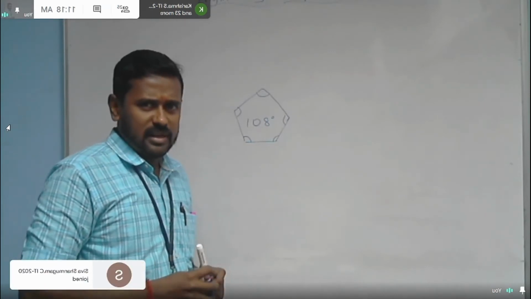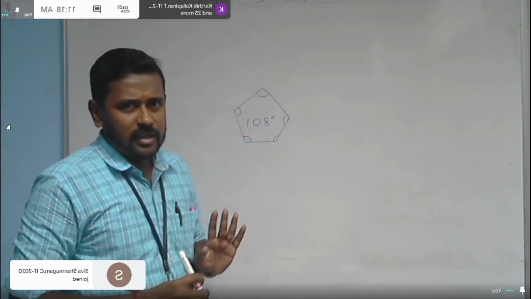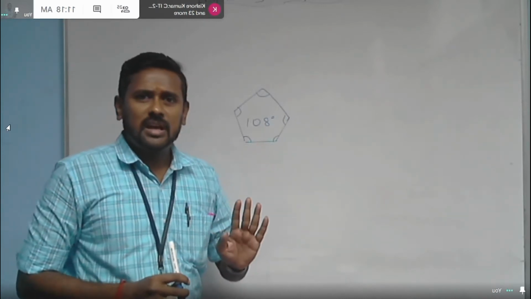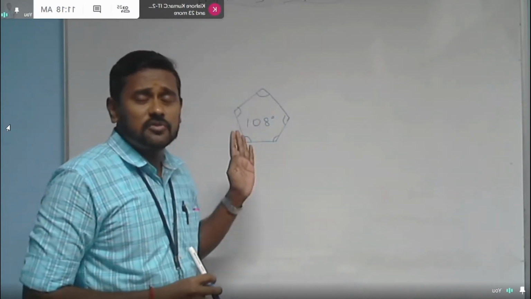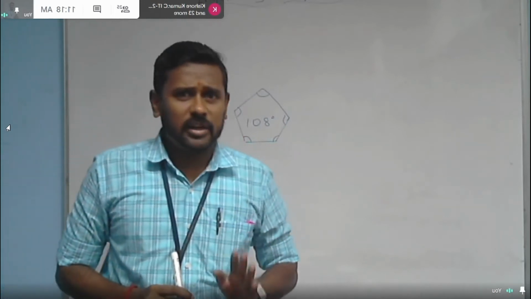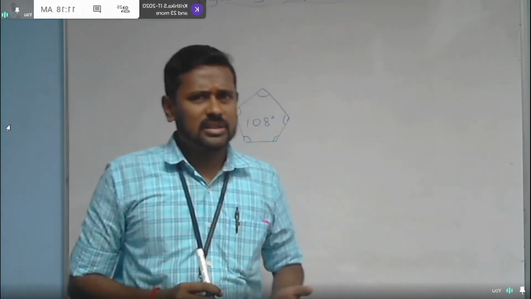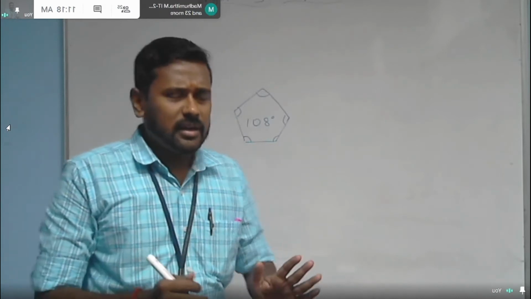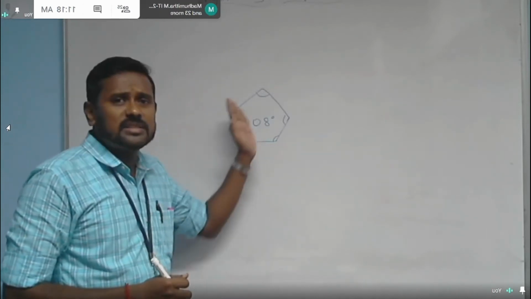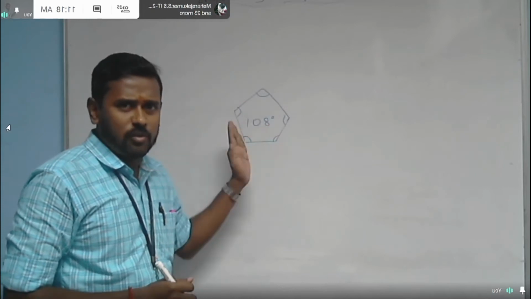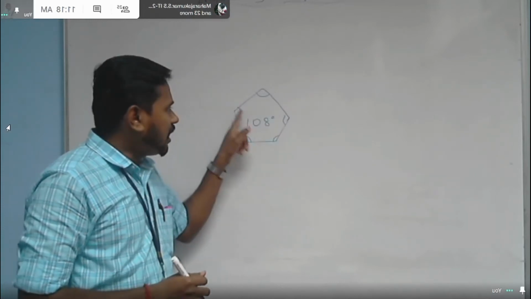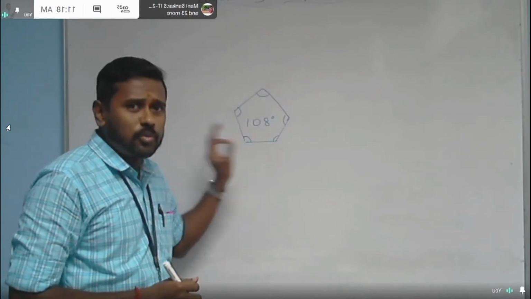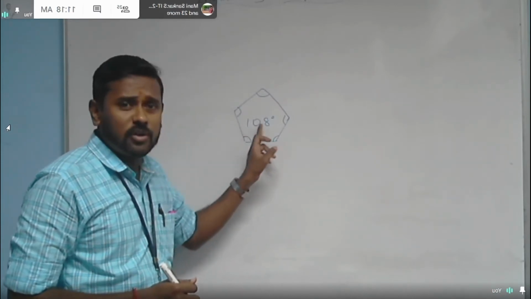If it is like that, it is a pentagon. If a polygon has 5 sides but violates any one of these norms, we can't say it is a regular pentagon. That may be called an oblique pentagon or some irregular shape. For it to be a pentagon, all 5 sides should be equal, and all 5 included angles between the sides should also be equal, and it should be 108 degrees.